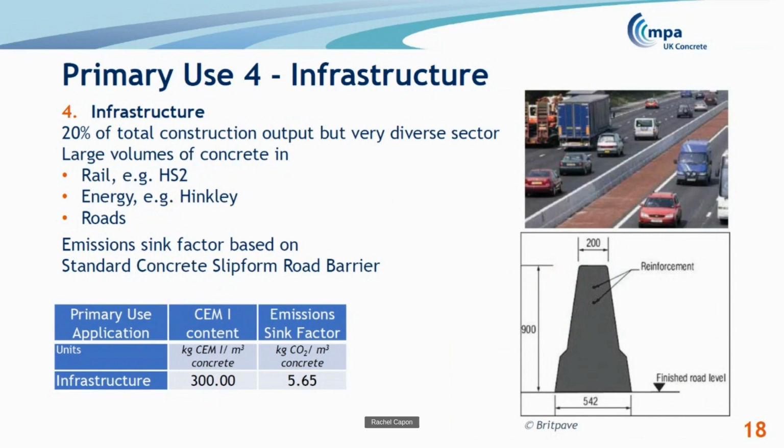We did interview stakeholders for both of these, but they're quite bespoke projects. So we decided to focus on roads and calculate an emissions sink factor based on a standard concrete slip form road barrier, which has an emissions factor of 5.65 kilograms of CO2 per meter cubed of concrete.